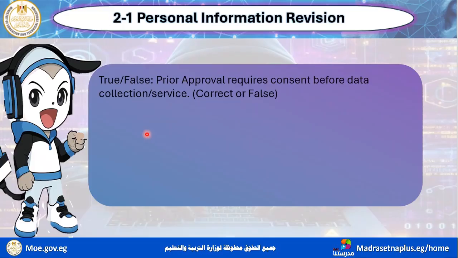True or false? Prior approval requires consent before data collection or service. Is it correct or false? Well, of course, we need to take the approval first. So it's correct.